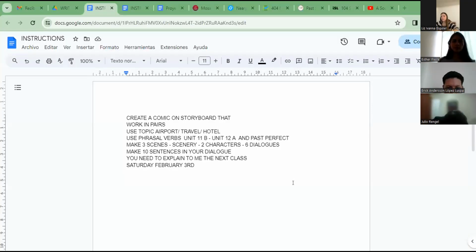And this one, it could be only airport and hotel. To create a comic, you have to use this storyboard that is not difficult. You only have to select the characters and the background. Yeah, and you have to write the dialogue.